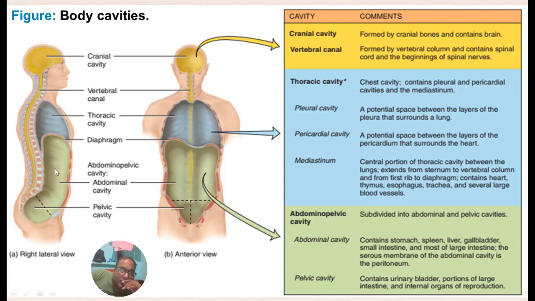If we divide the whole body into equal halves and look from the front, this is the thoracic cavity which encloses the heart and lungs, and this one is the abdominal cavity which encloses the liver, gallbladder, alimentary canal, and so on.